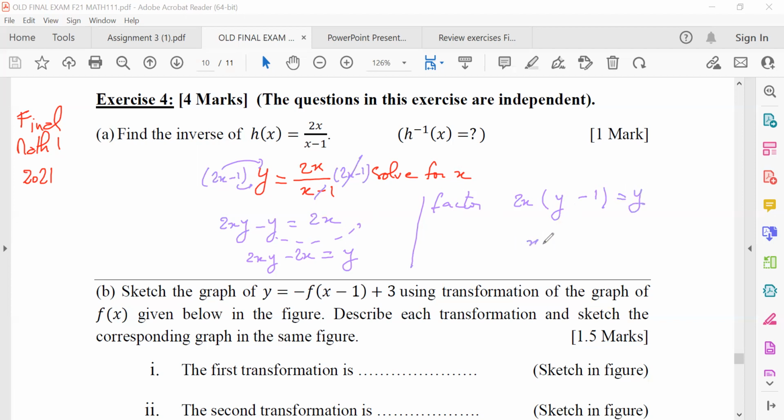And finally, x equals y over 2 times y minus 1. So finally, the inverse function h inverse, you replace y by x, is x over 2 times x minus 1, and we are done.